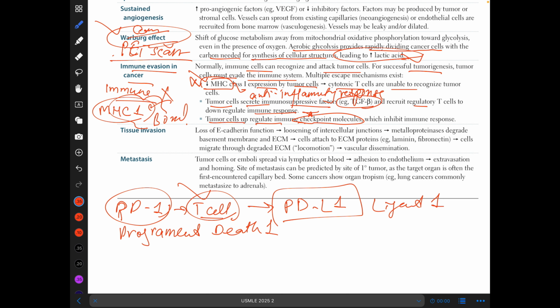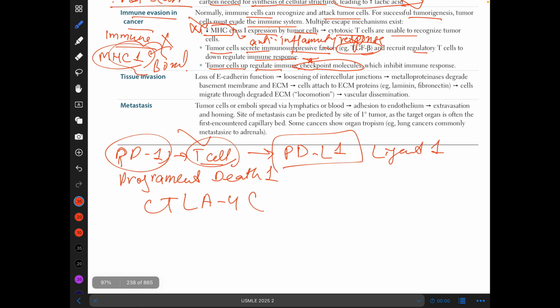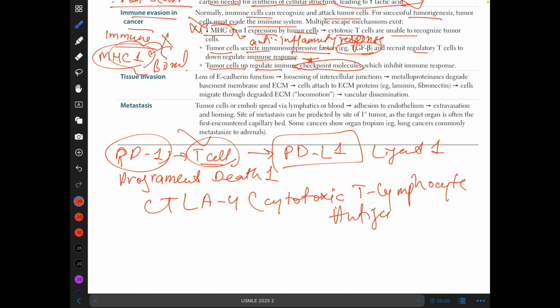And the third molecule is CTLA-4. It is a cytotoxic T lymphocyte antigen, and this is another protein that regulates T-cell activation and can be targeted by tumors to evade the immune response.